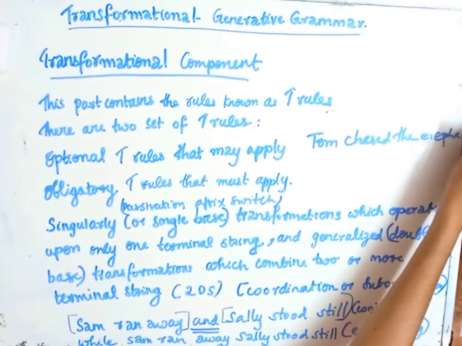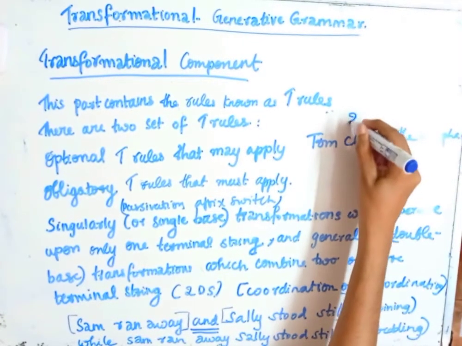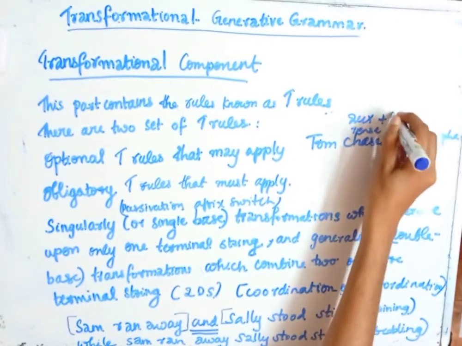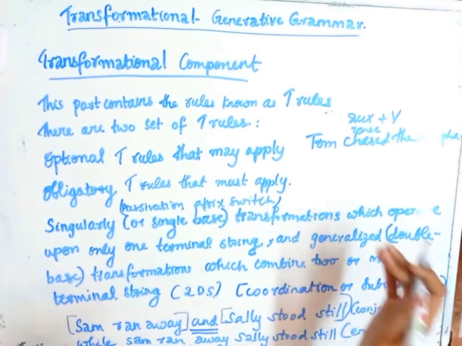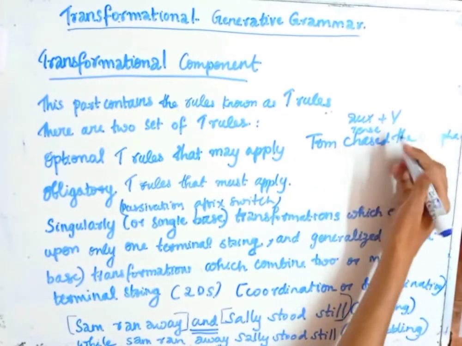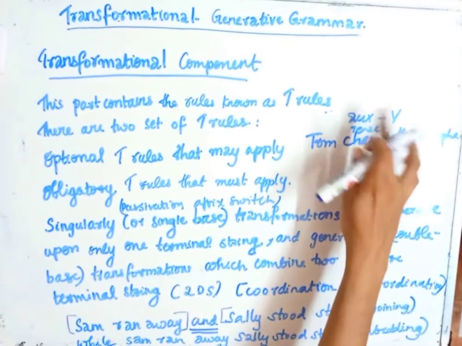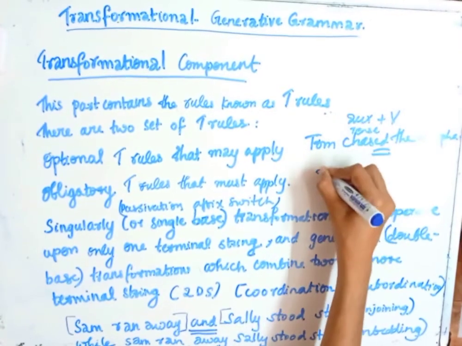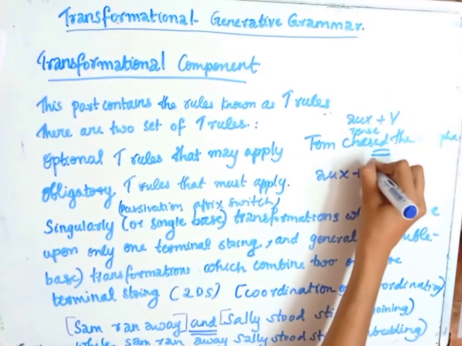Here also you had an auxiliary, which was the tense, and then you had the verb. Here you can do an affix switch because you have the ed form here, and ed comes here as a tense. So usually it is in the form of auxiliary plus verb. That's how it is written.